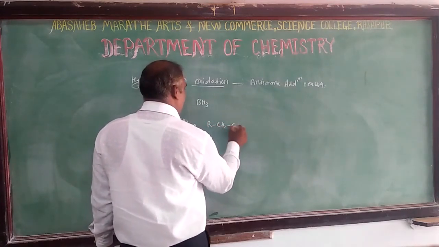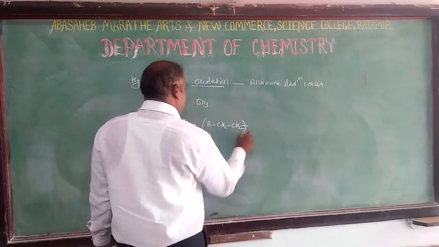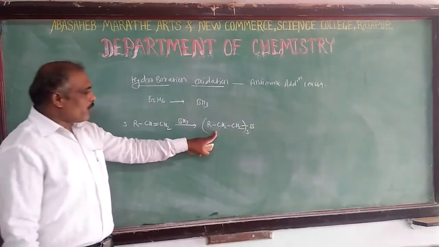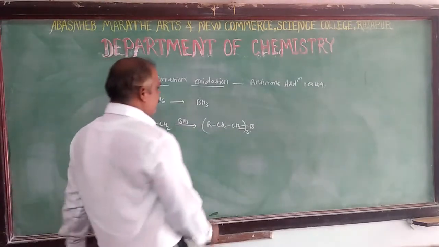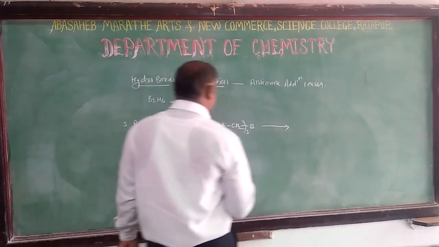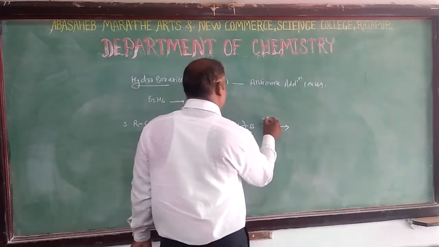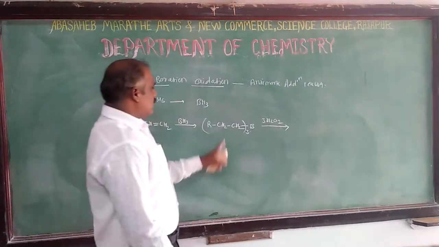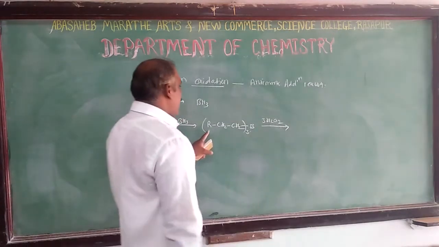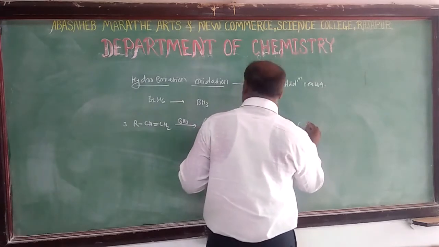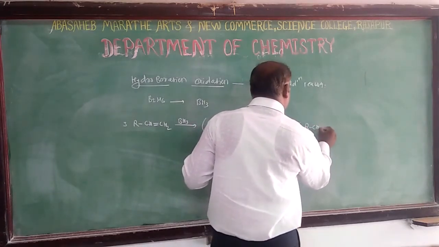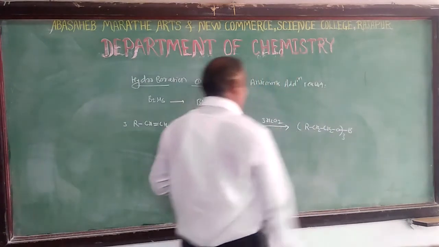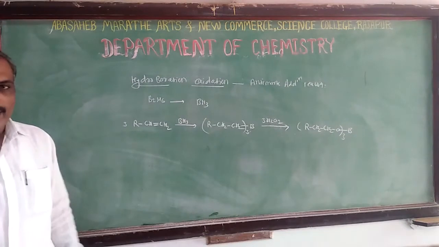R CH2CH2 3 times borane. And then this trialkyl borane can be treated with H2O2, hydrogen peroxide. Then what happens? We get the product trialkoxyborane, (RCH2CH2O)3B.